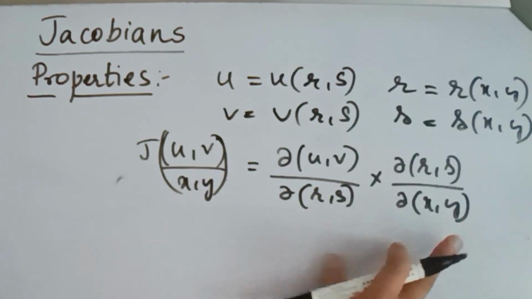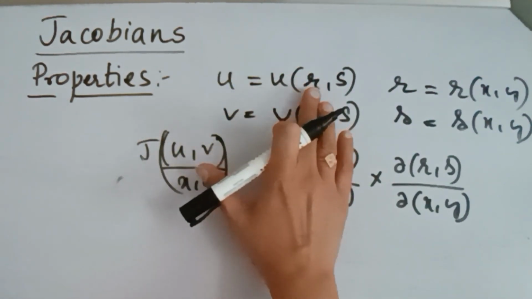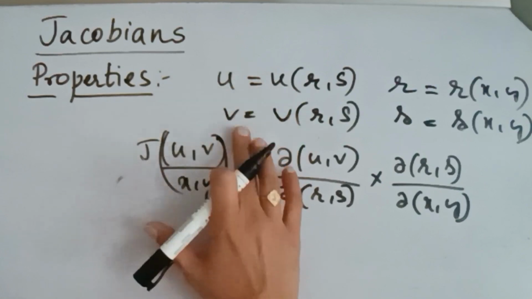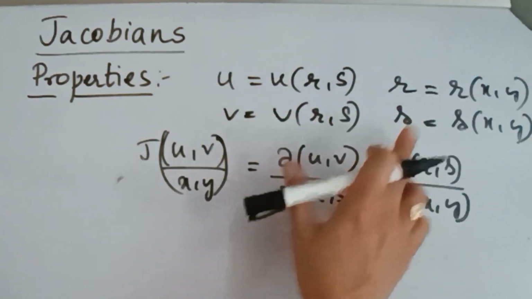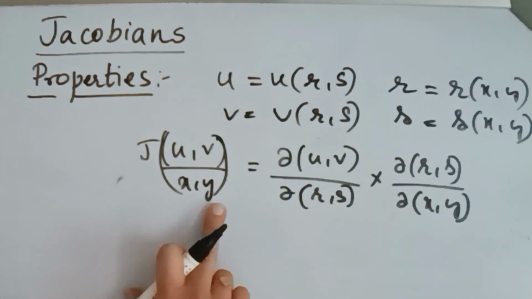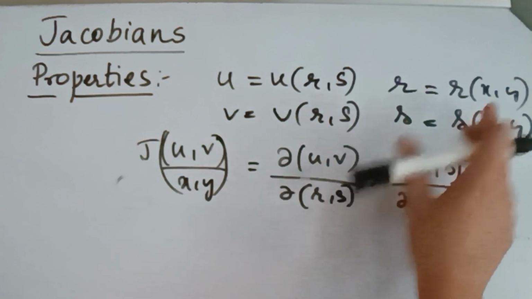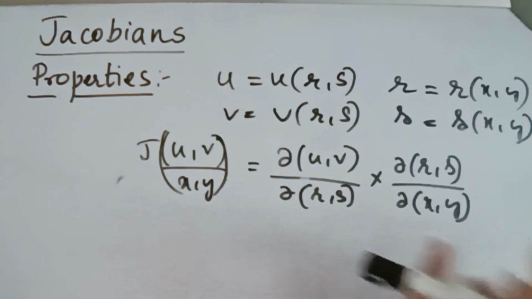It is like a chain rule for finding the Jacobian, where u and v are functions of r and s, and r and s are functions of x and y. Then the Jacobian of uv with respect to xy is the Jacobian of uv with respect to rs into the Jacobian of rs with respect to xy.